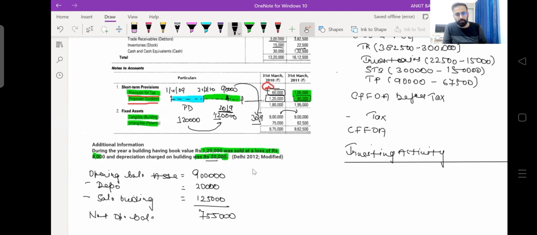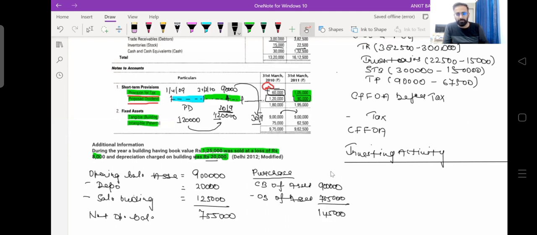Now if we want to find out the purchase, how can we find the purchase value? The closing balance of asset is 9 lakh rupees and the opening balance of asset is 7,55,000. So in total, we can say the company has acquired assets worth rupees 1,45,000.